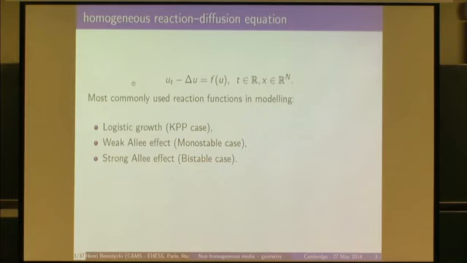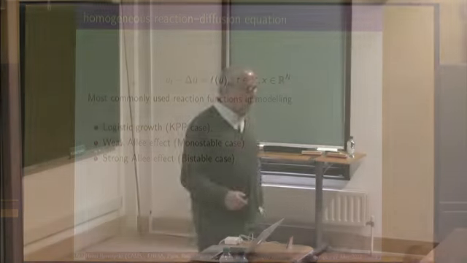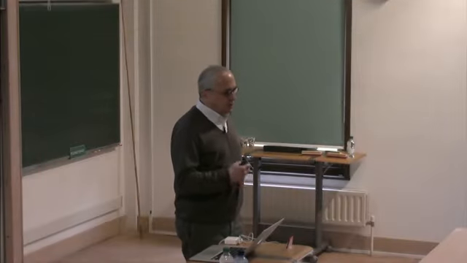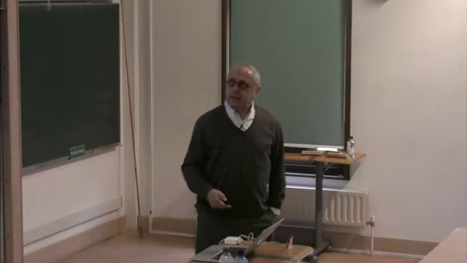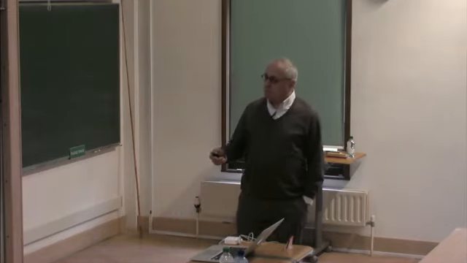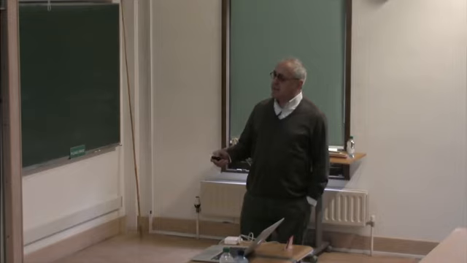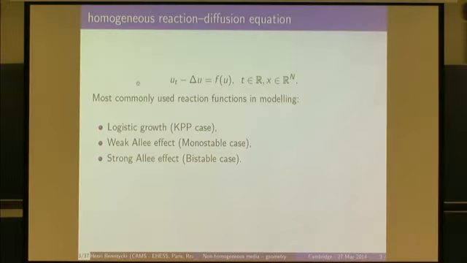One is when f(u) is of Fisher-Kolmogorov-Petrovsky-Piskunov type, FKPP. The archetype of this is u times (1 minus u). This is the logistic growth. KPP stands for Kolmogorov-Petrovsky-Piskunov.